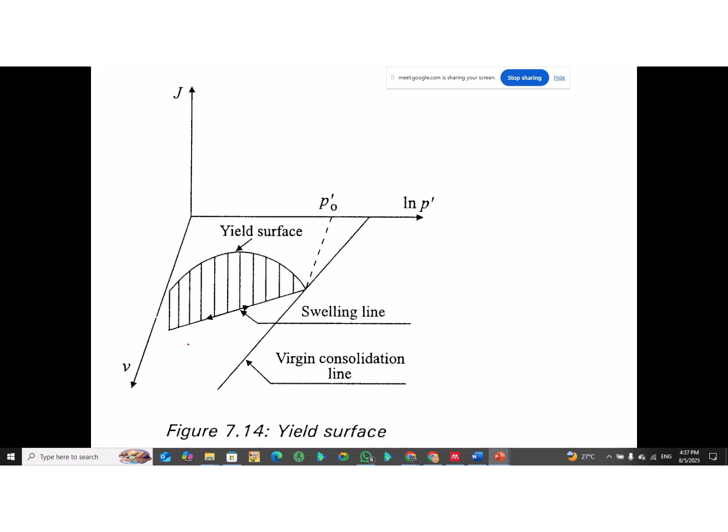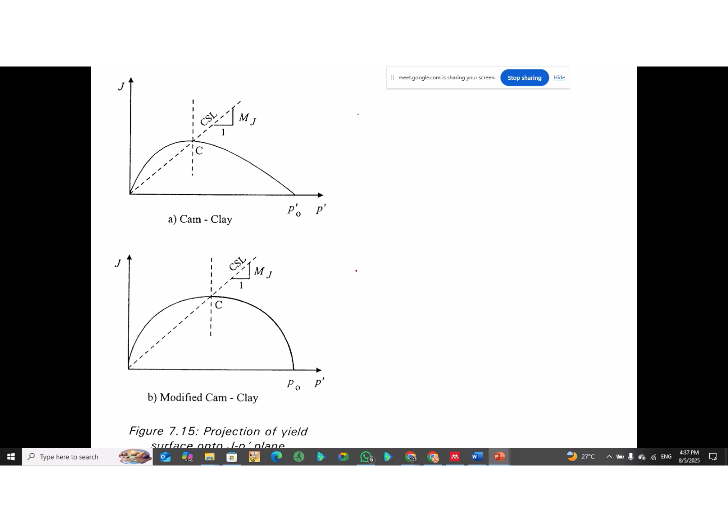Okay, that's how the yield surface would look. So this is the initial proposal of the ChemClay model, and this is the modified ChemClay model.